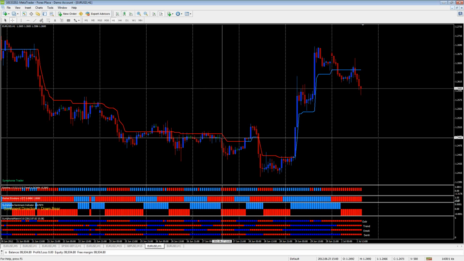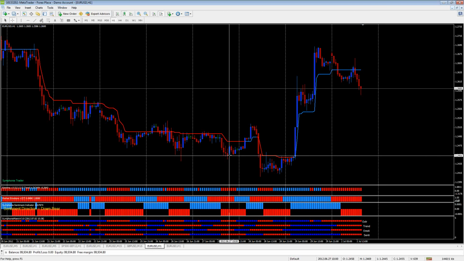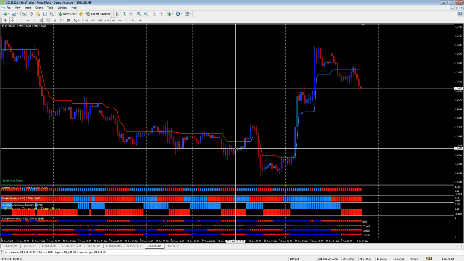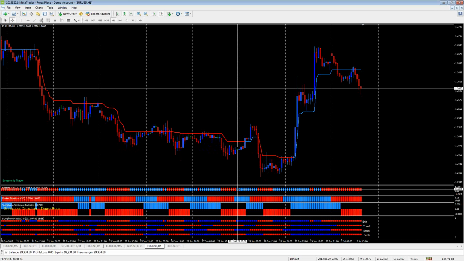Let's say you're in a downtrend here. You enter a short trade and you go up and down and up and down a little bit, move sideways. You see here that in this case the sentiment indicator turned blue while the extreme indicator is still red, and here they're both red. Obviously you should close your trade around here, even though the price is still below the trend line, but you already have 2 indicators showing blue.